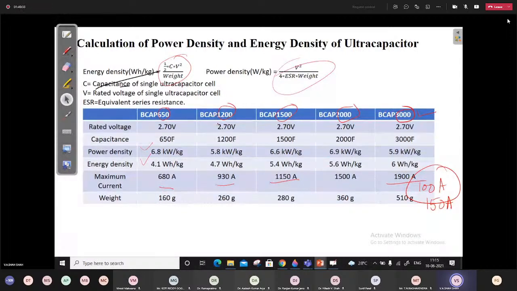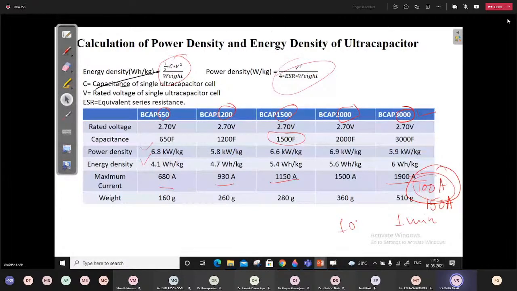But an individual 3000 Farad capacitor will provide 100 ampere continuous current for up to 1 minute. Usually this is 10 seconds to 20 seconds. And we know that this time duration always matches with the acceleration of your vehicle.